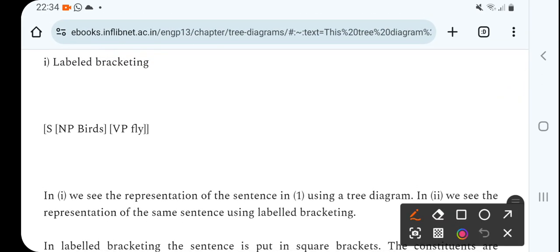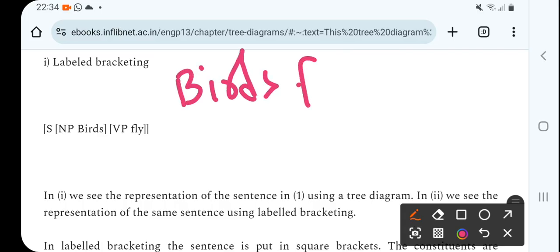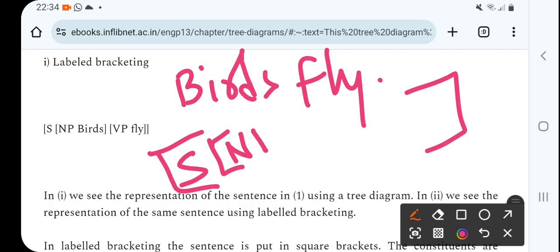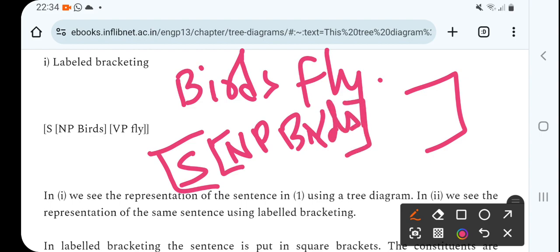So here the sentence is birds fly, right? First of all, this is the sentence, birds fly. Now the sentence is divided into two parts. The noun phrase is birds, and fly is the verb phrase.